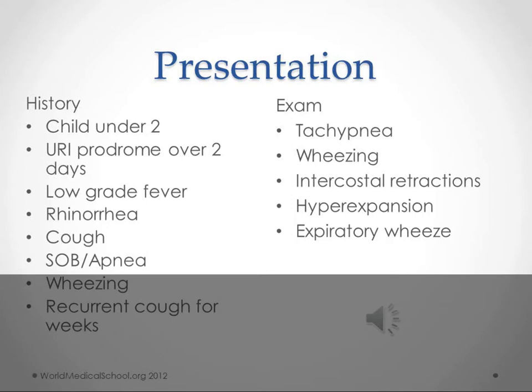And then they start to get shortness of breath, sometimes apnea. I think it's around 20% that end up presenting with apnea. But wheezing is really the key feature here. And then recurrent cough can happen for a couple weeks after the infection is already kind of clearing up. You'll see this with the common cold too.